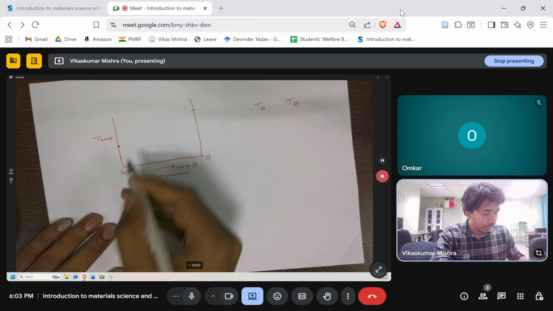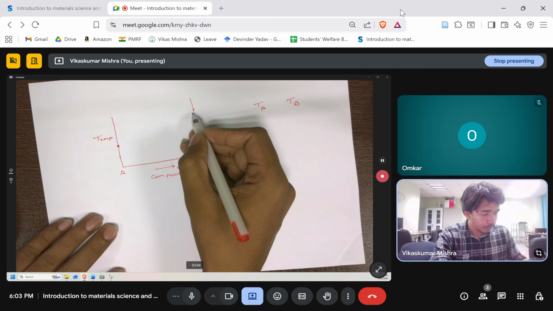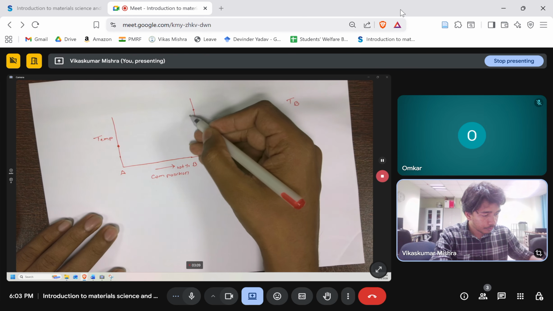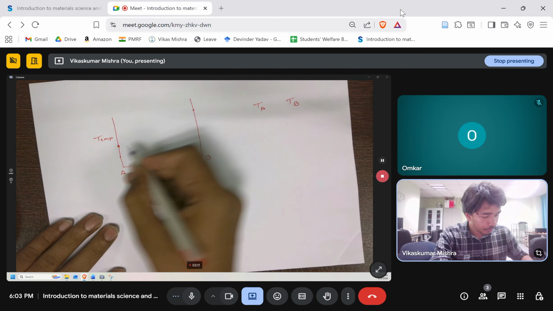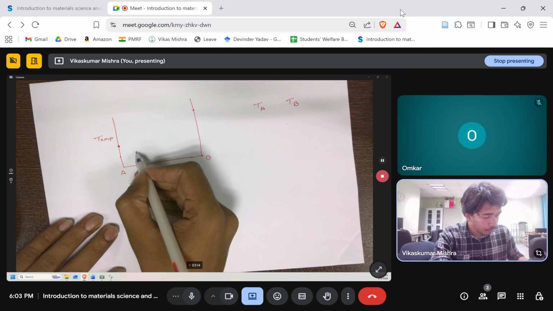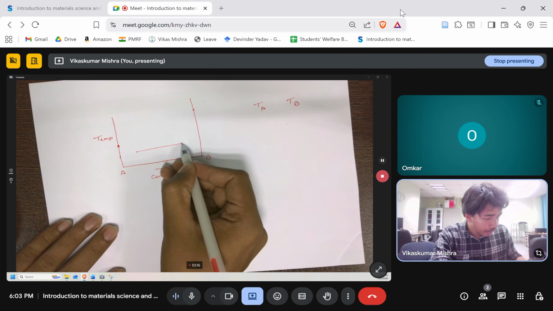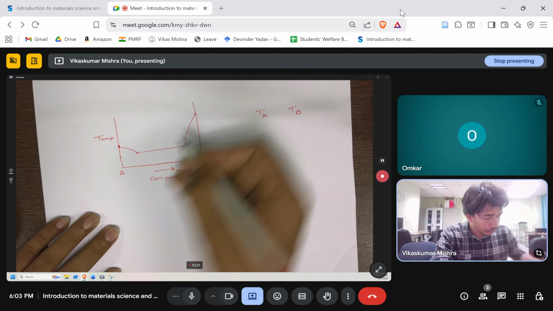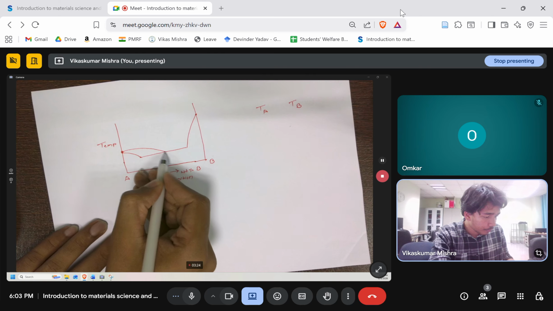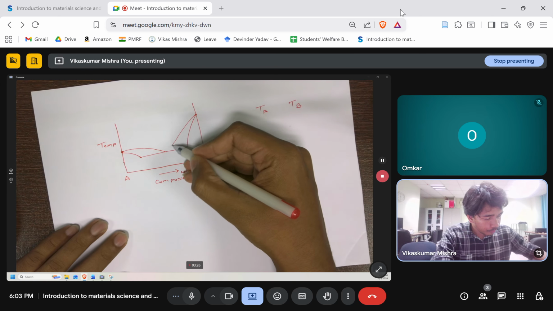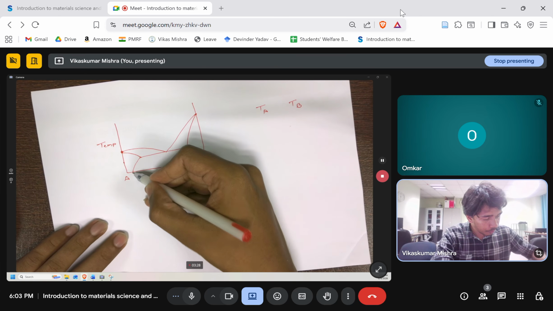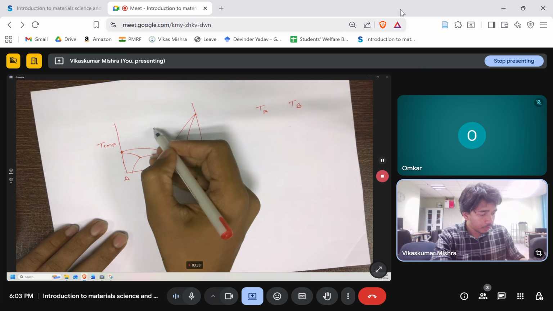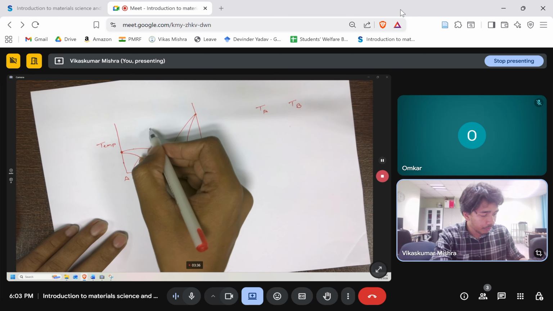Okay. And now we can make a reaction, the eutectic reaction. Above this particular line, the liquidus line, we'll get the liquid.